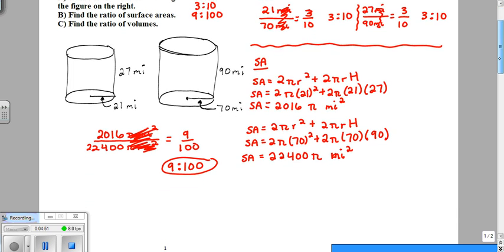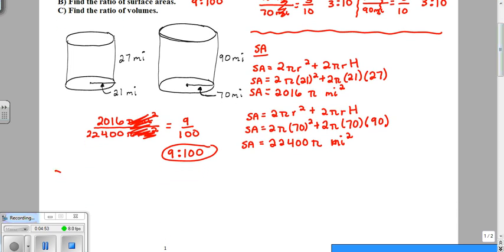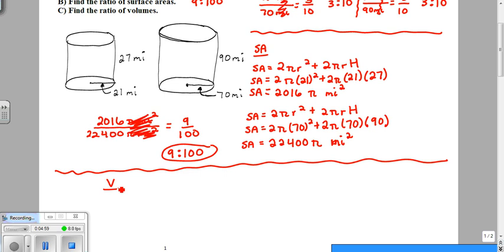Part C of this problem asks us to calculate the ratio of the volume. The volume of a cylinder is calculated using the formula pi r squared times the height of a solid.